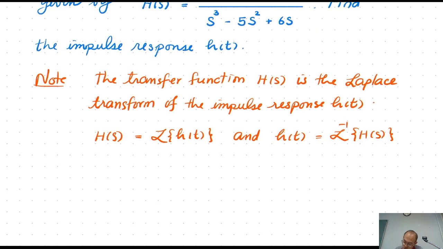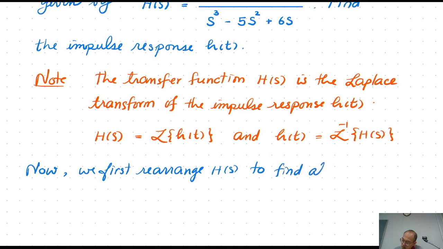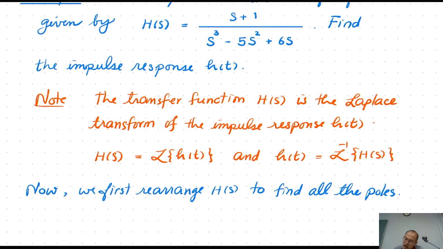So, now, we first have to rearrange H(s) to find all the poles. Now, to find the poles, we have to decompose this denominator into the product form.